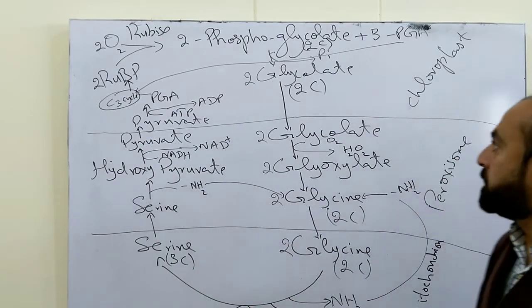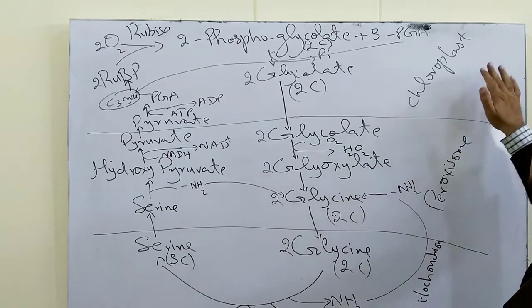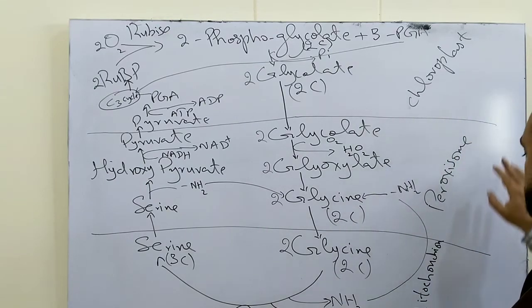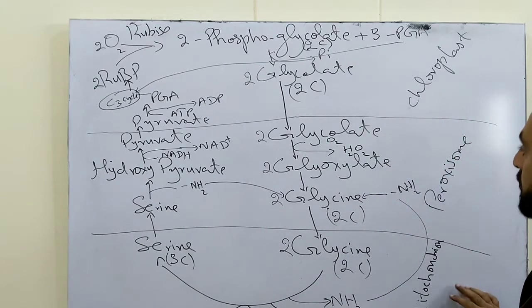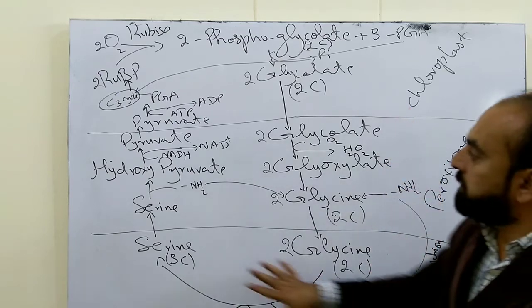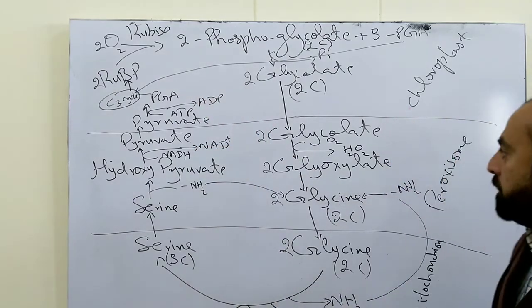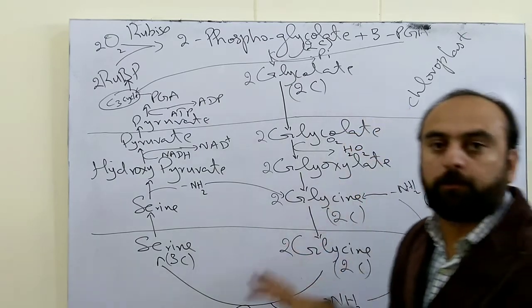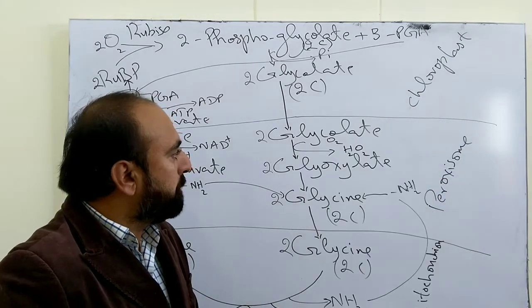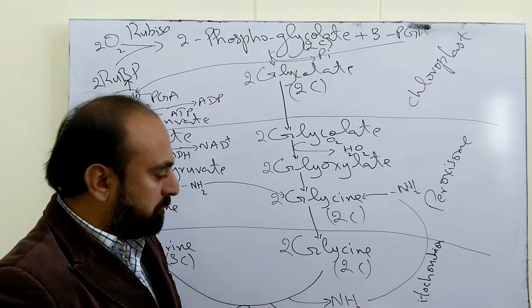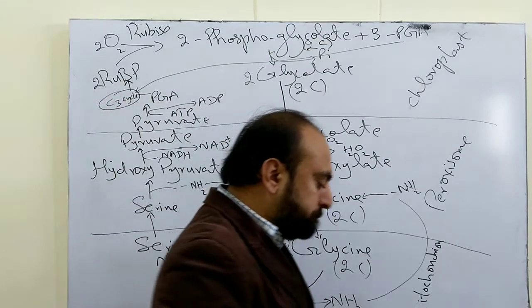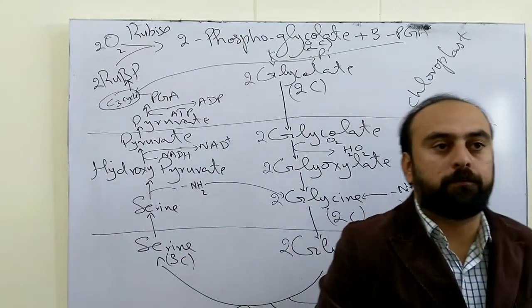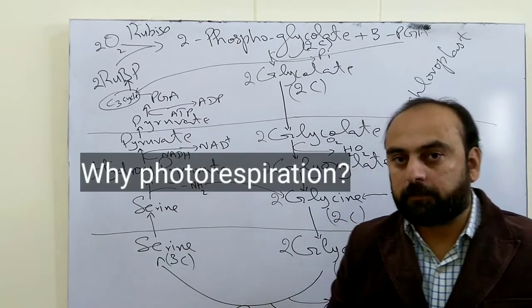So they have developed this intricate mechanism involving 3 different organelles: chloroplast, peroxisome and mitochondria, in which this series of metabolic reactions are performed to get rid of this toxic glycolate. Is there any benefit of this glycolate pathway, or why do plants do photorespiration?